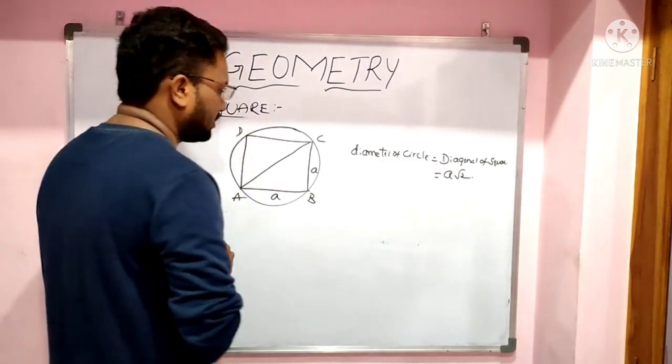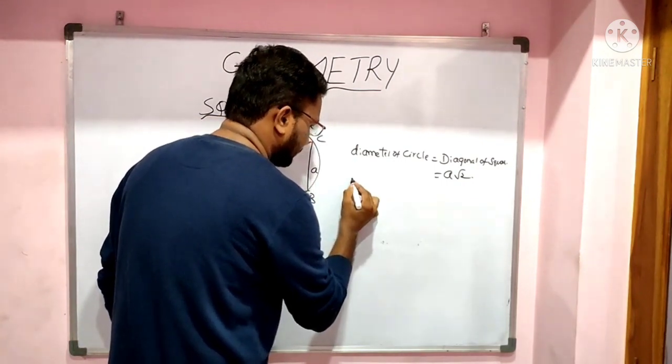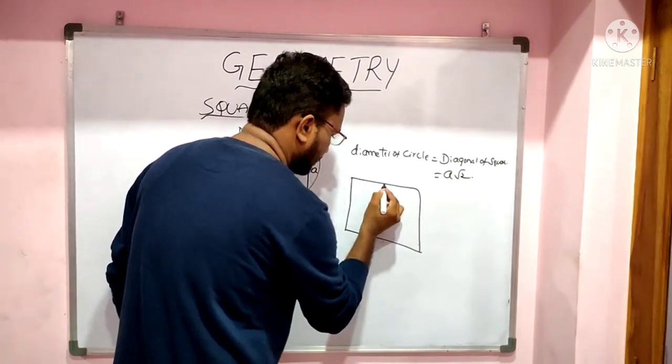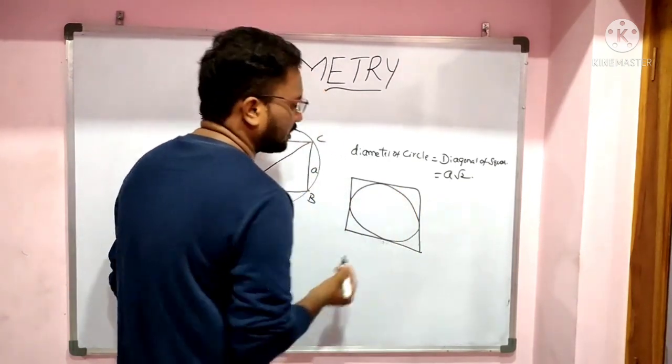Okay, and if a circle is inscribed in a square, let us say this is circle, then diameter of the circle equal to side of the square. That's A, B, C, and D. Then this is the diameter, so diameter equal to side of the square, let us say this is A, equal to A, side of the square.